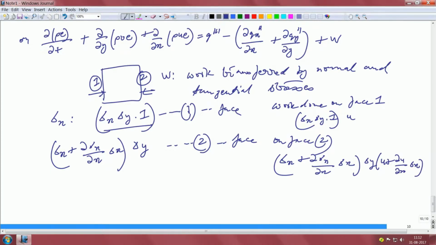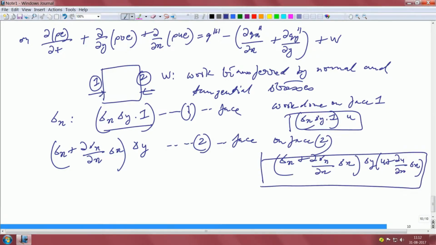So, this is the work that is done on phase 2. Am I right? So, these are the forces, this is basically the work, correct.